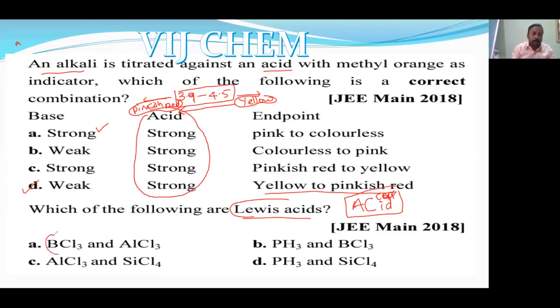Here boron is electron deficient, it has only 6 electrons, and aluminum is also electron deficient because it has 6 electrons. Therefore, the answer will be A option. So try to mark this type of difficult question, and immediately after this one shot, you should go through that related lecture. Now let us see the next question.